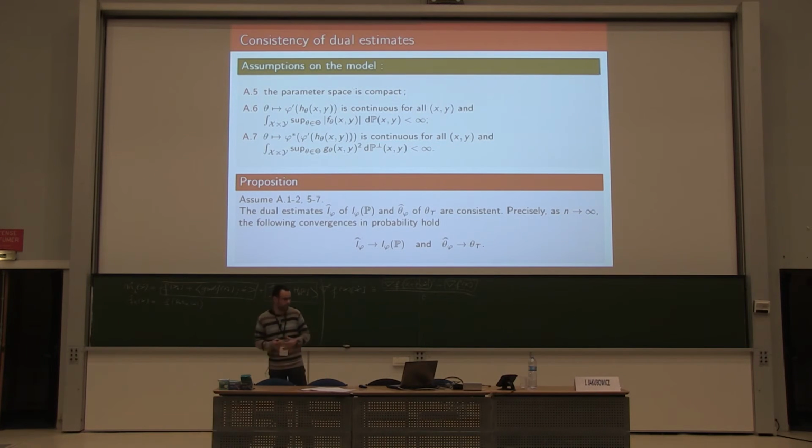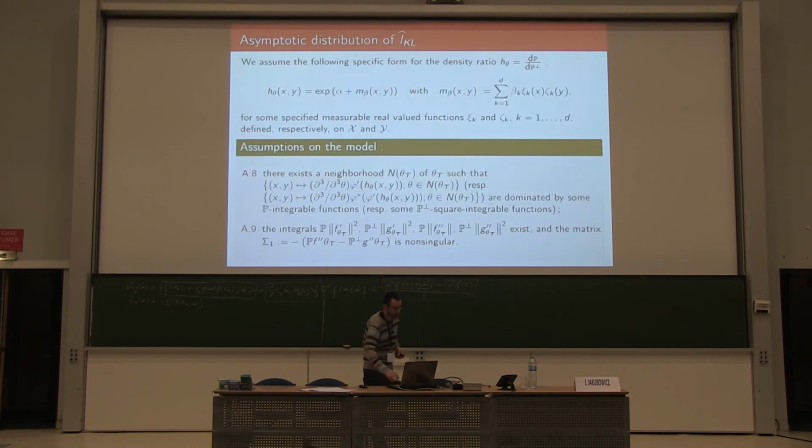in the aim of independence testing, you have to know the distribution of the test statistics. So adding an additional assumption on the model, you can make explicit the asymptotic distribution of the test statistics. It depends on the phi function that you are considering. Precisely, I will present the results for the classical Kullback-Leibler mutual information.